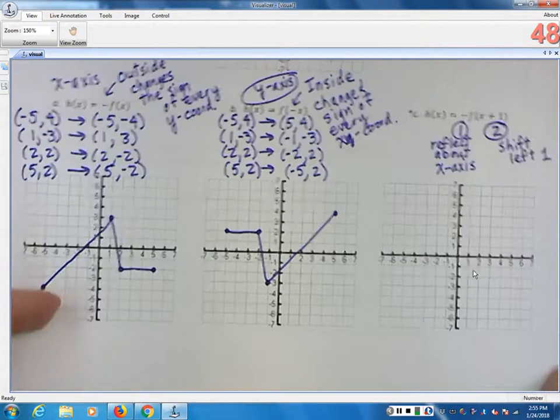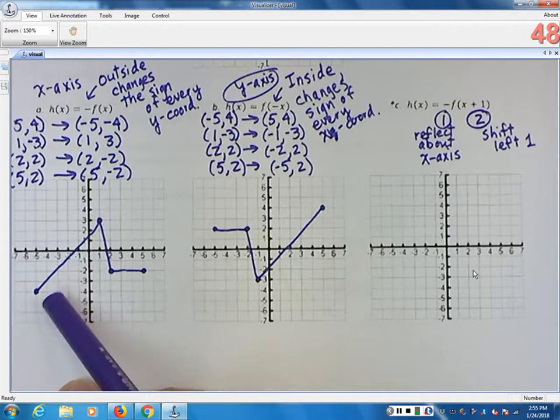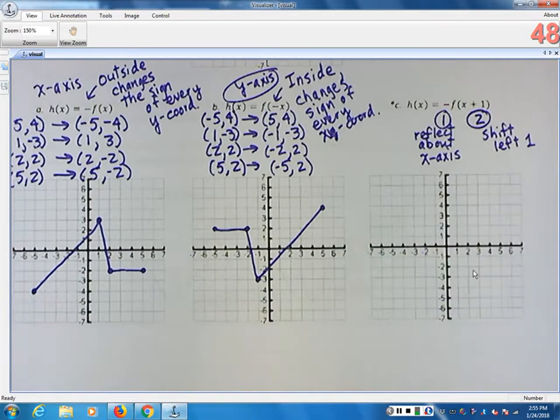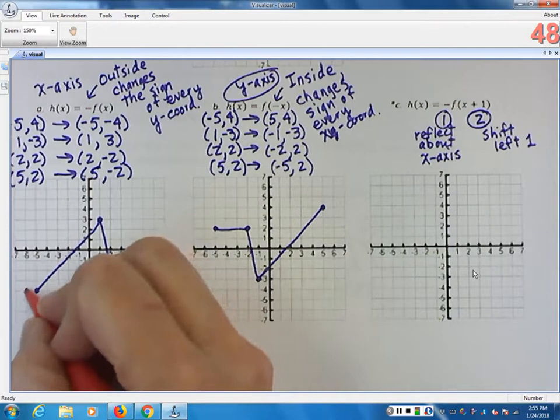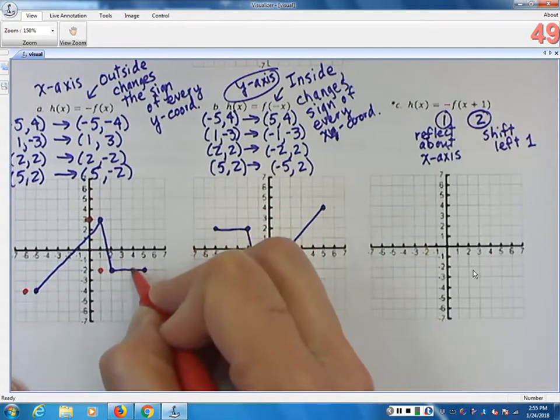We actually already did the first step. It's here. So if we just take this and move it left 1, and I can even just draw it over here, it's going to be here, here, here, and here.